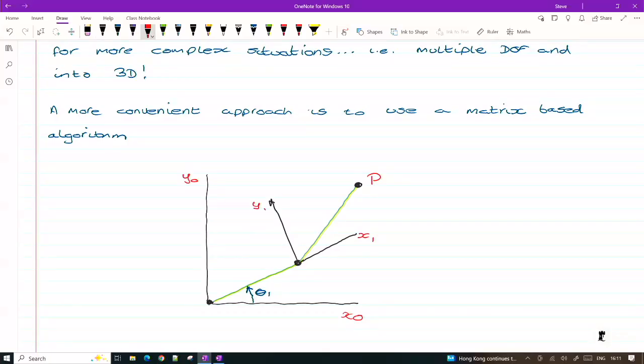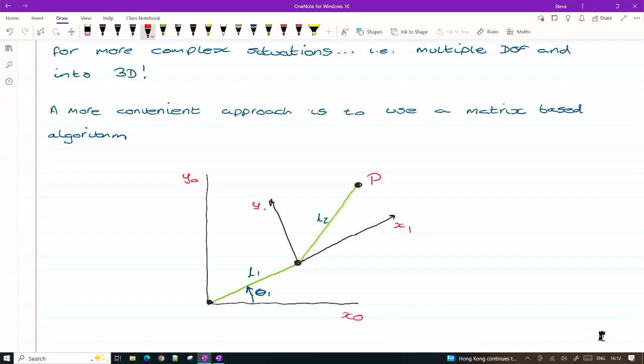So that coordinate system moves with the link it's attached to, and then link 2, revolute joint here, moves within that coordinate system, and that coordinate system moves as L1 rotates, okay?